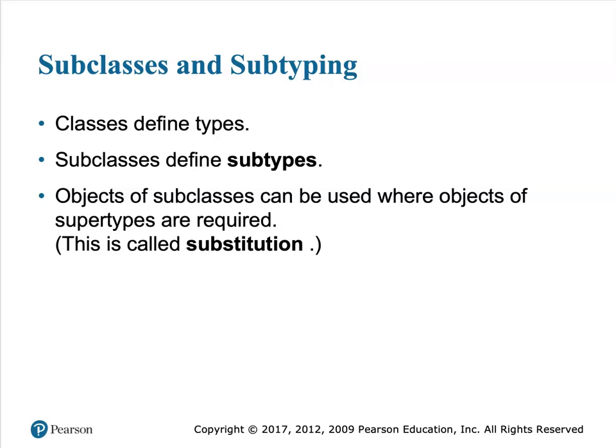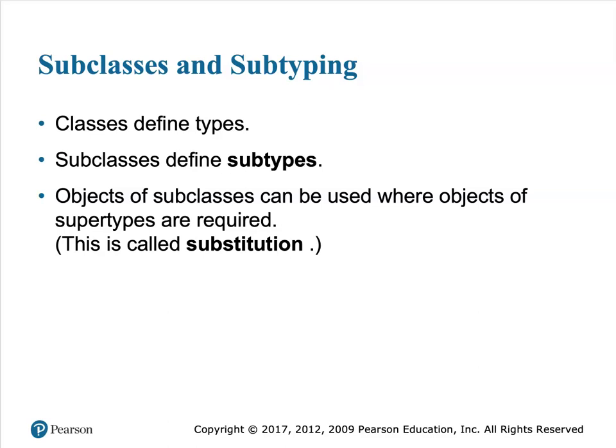Classes define types. Well, subclasses define subtypes. What's interesting is that if an object is a subclass of another class, you can use those objects and variables where the supertype is the type that's declared.